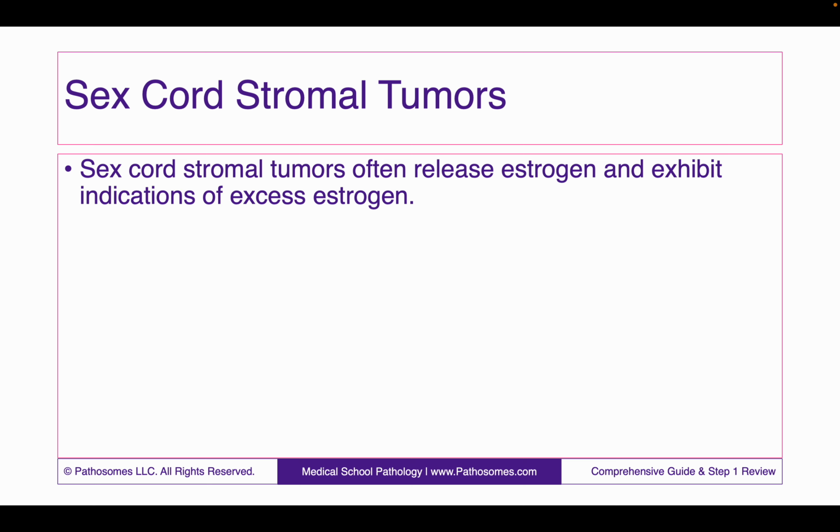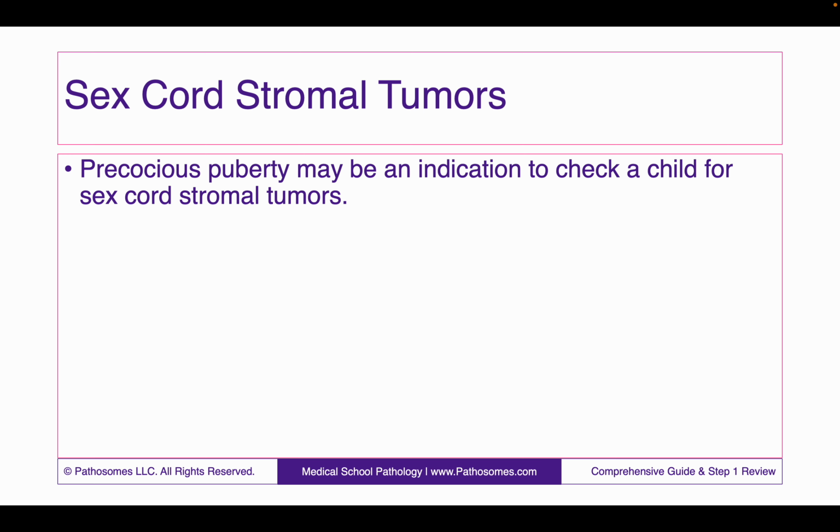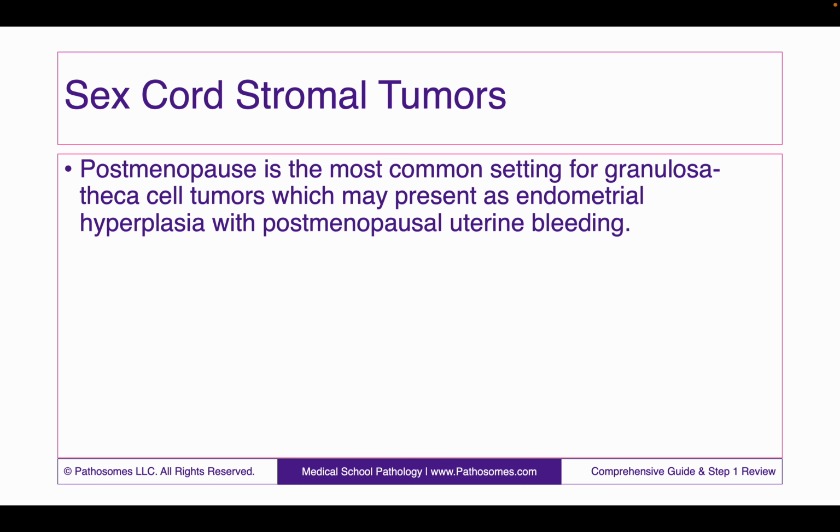Sex cord stromal tumors often release estrogen and exhibit indications of excess estrogen. Precocious puberty may be an indication to check a child for a sex cord stromal tumor. Postmenopause is the most common setting for granulosa theca cell tumors, which may present as endometrial hyperplasia with postmenopausal uterine bleeding.